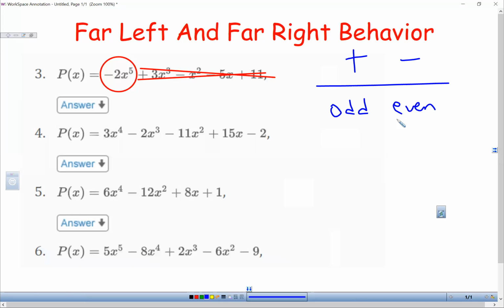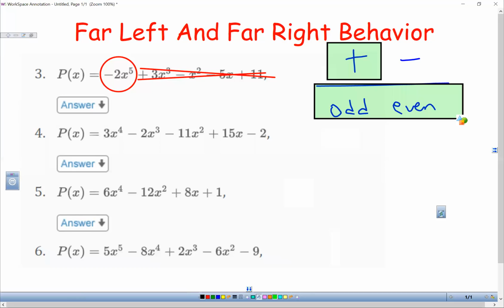I would suggest you memorize what happens when it is positive and odd or even. Because when it's negative, well, it's like any other graph, a negative leading term will flip the graph.